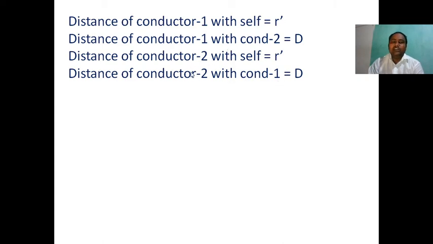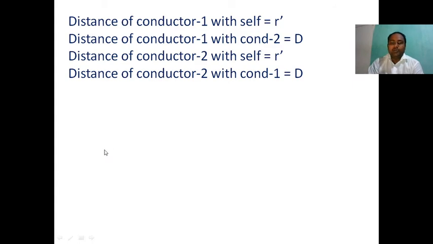So we consider a bundle conductor having two subconductors, each with self distance R dash, and the distance between conductor 1 to 2 and 2 to 1 is D.